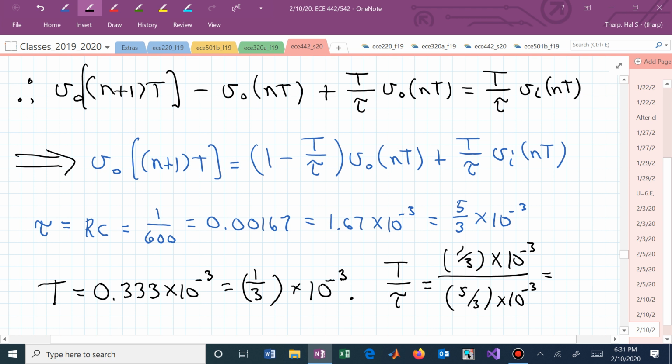What's capital T over tau? All the 10 to the minus 3's cancel. The 3 in the denominator of the numerator and denominator cancel, and I'm left with 1/5, or 0.2.